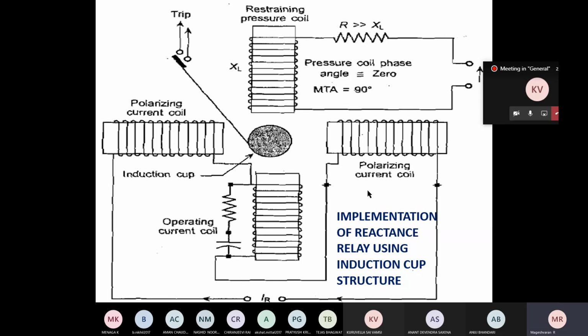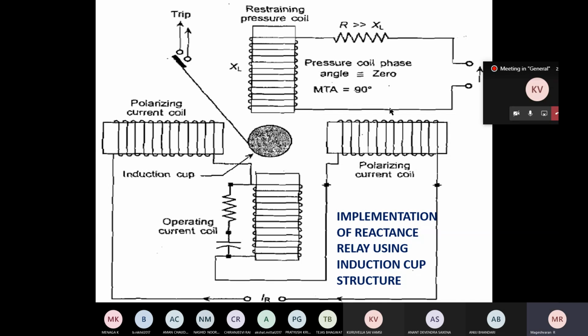Okay. So a 4-pole structure, and thereby 2 fluxes are produced, which make the resultant torque on the disc, which will make the plunger move in this direction, that is, when the operating coil torque is more than the restraining coil torque. If the restraining coil torque is more than the operating coil torque, it will travel back.